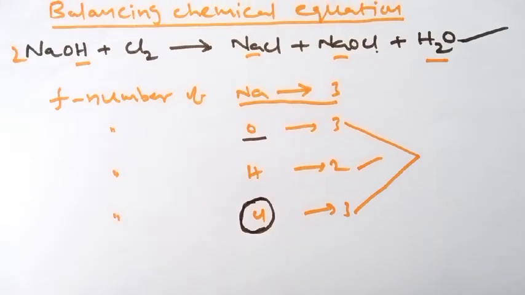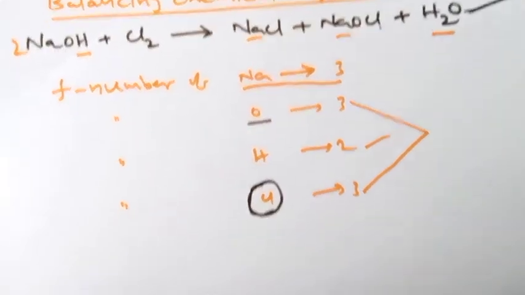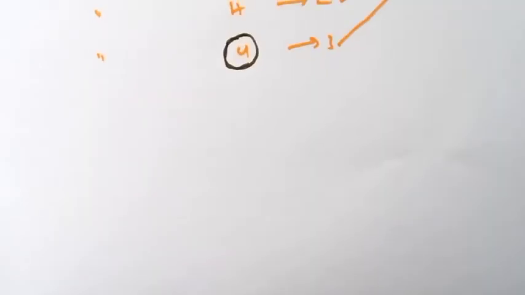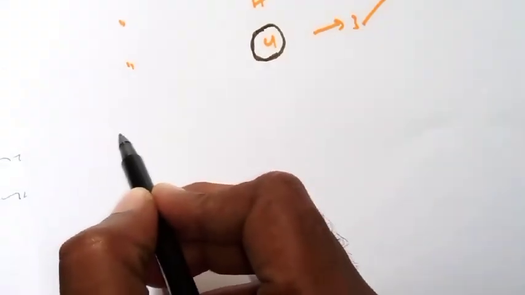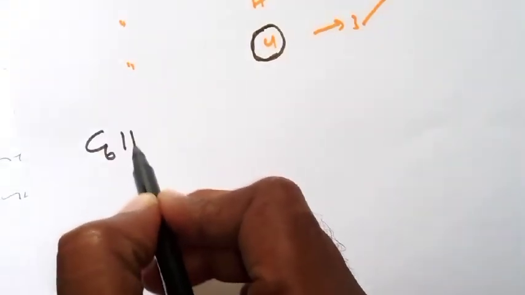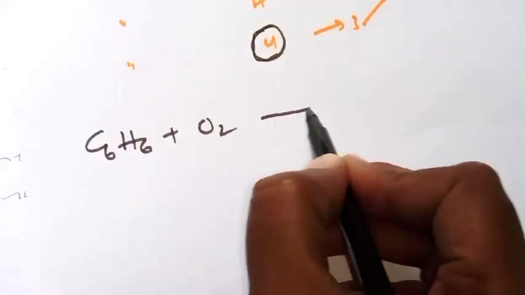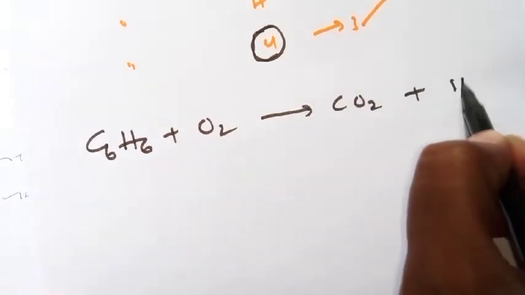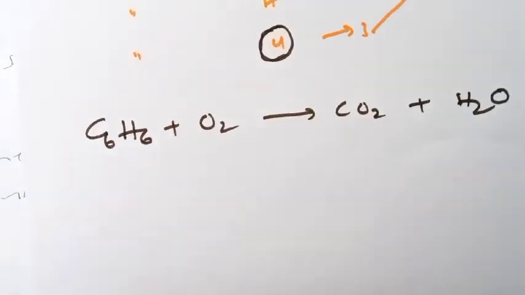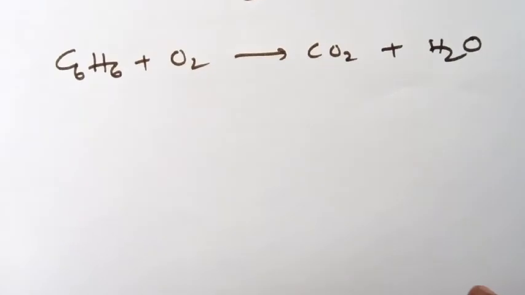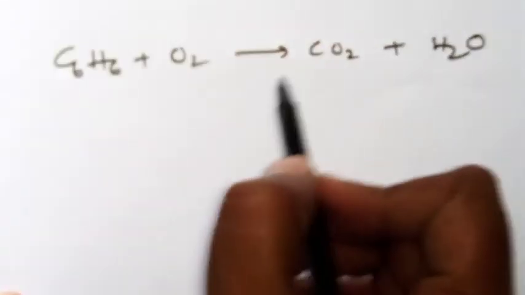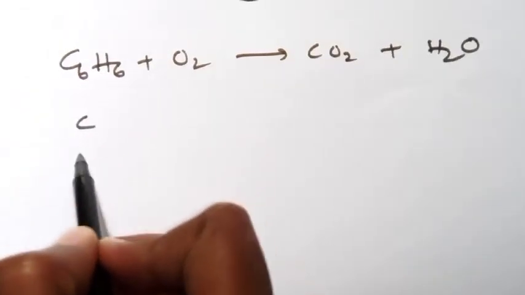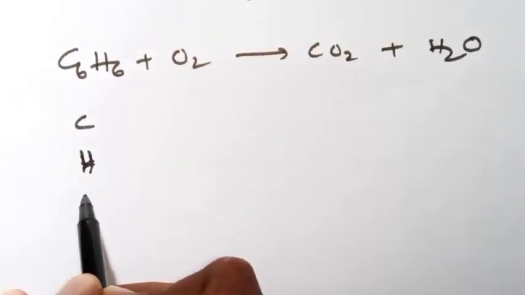Is it okay? So we shall check a few more equations. For example, the equation we are repeatedly using: C6H6 plus O2 gives CO2 plus H2O, combustion of benzene. Now first of all, what are the different elements here? Carbon, hydrogen and oxygen.